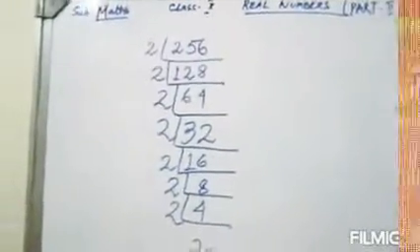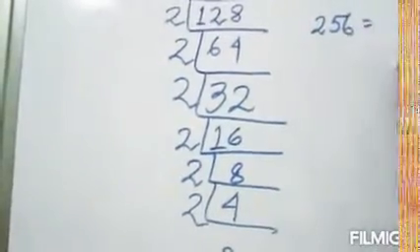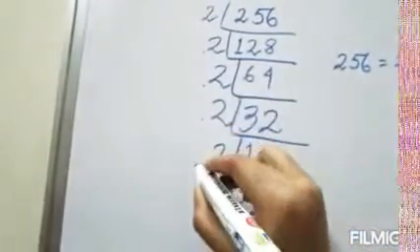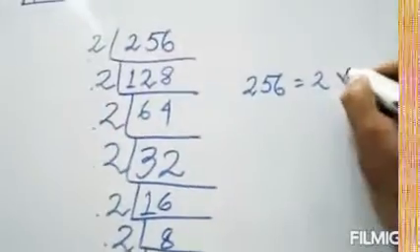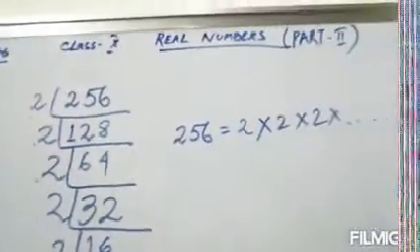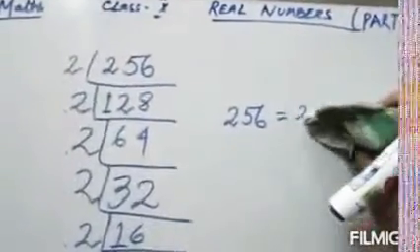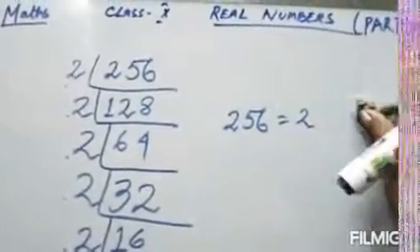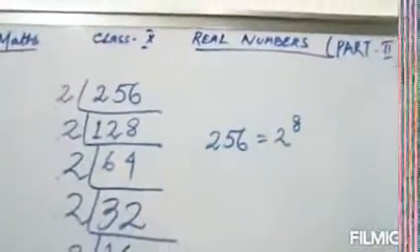So we can express 256 as, how many 2s are there? 1, 2, 3, 4, 5, 6, 7, 8. So 2 into 2 into 2 into 2, 8 times I have to write, no? Why will I do that? I am in class 10, no? So instead of this I'll write 2 to the power 8, right?